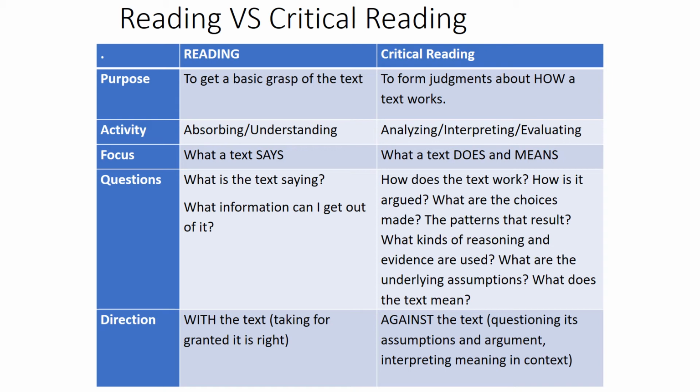As for intellectual activity, as we have seen in Bloom's taxonomy, the intellectual activity involved in regular reading is absorbing or understanding. But when it comes to critical reading, the intellectual activity involved is much more complex. It's analyzing, interpreting, and evaluating.